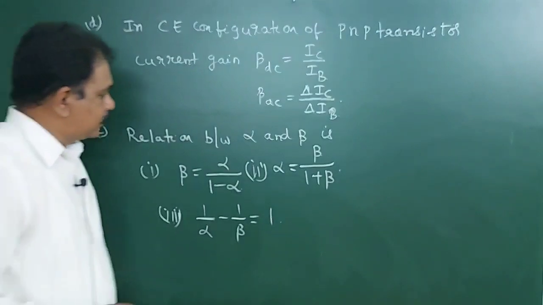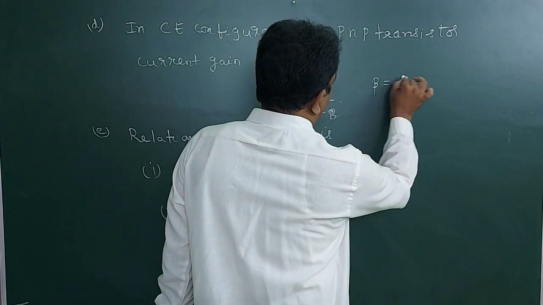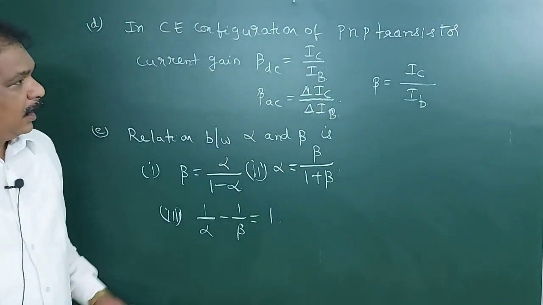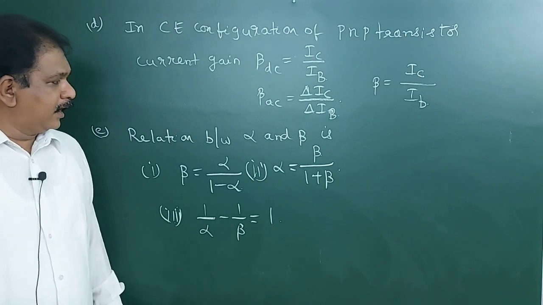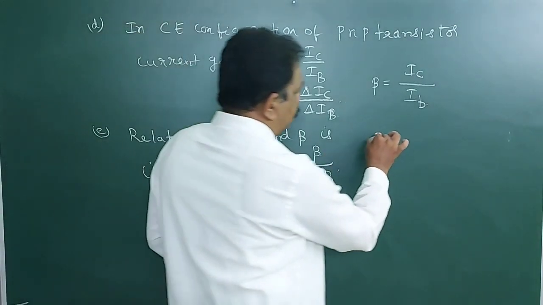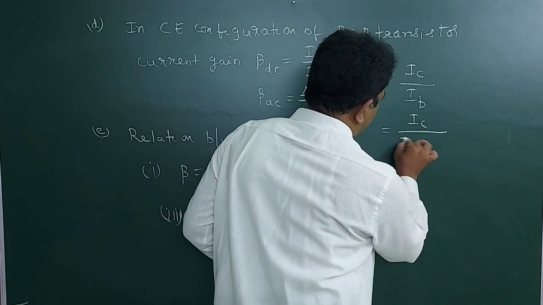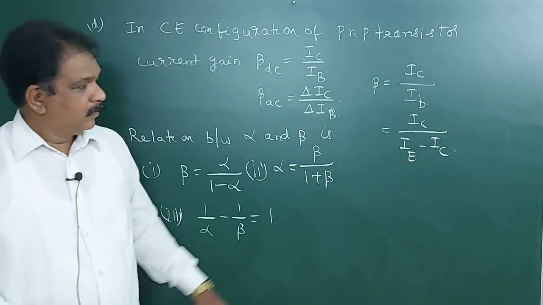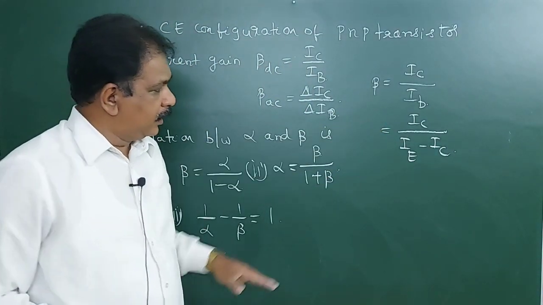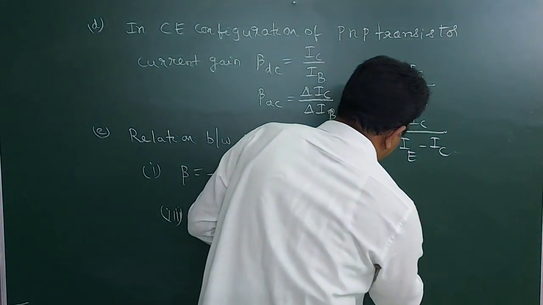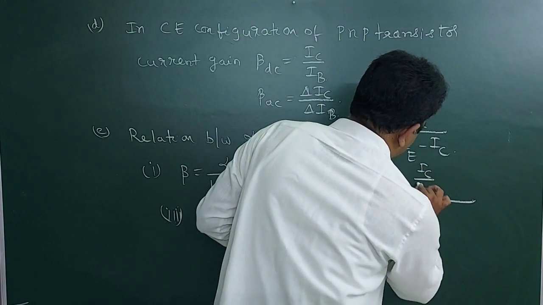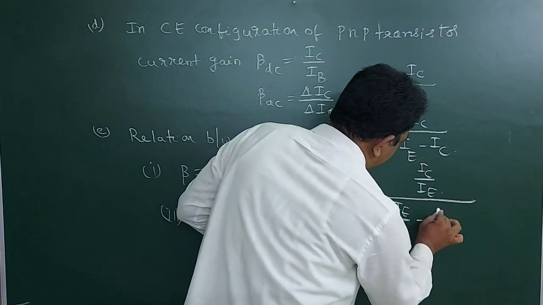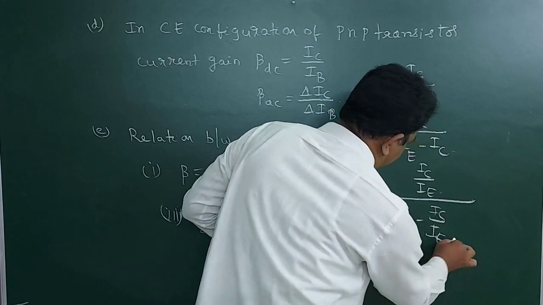Okay, how did this come? Actually, beta is equal to IC by IB. Okay, the IC value we will write as it is, and the IB value we will write as IE minus IC. We will divide both numerator and denominator by IE: IC by IE over IE by IE minus IC by IE.